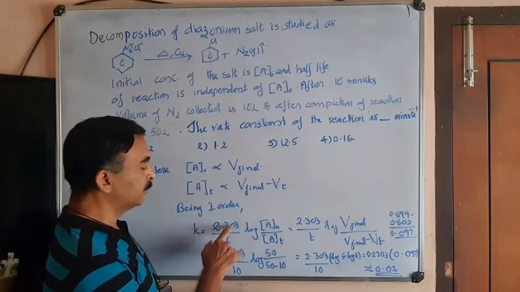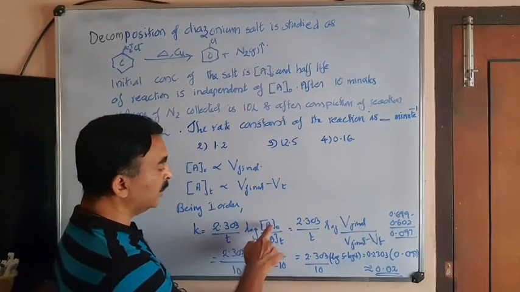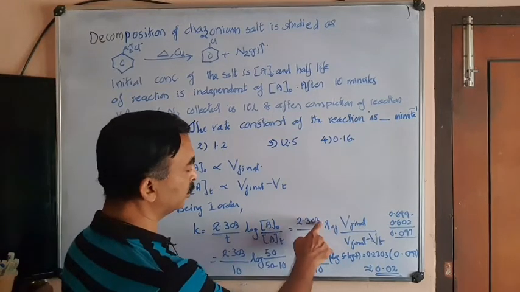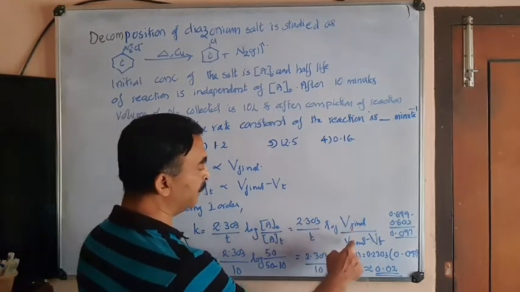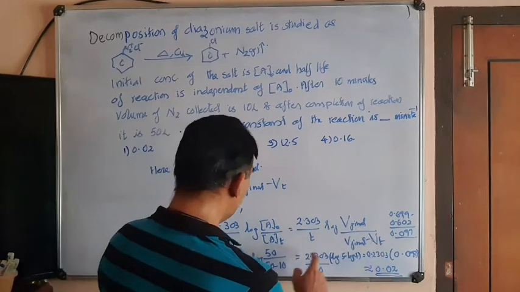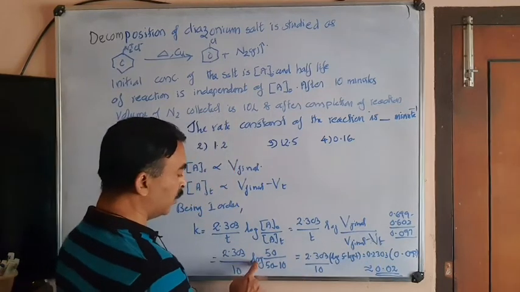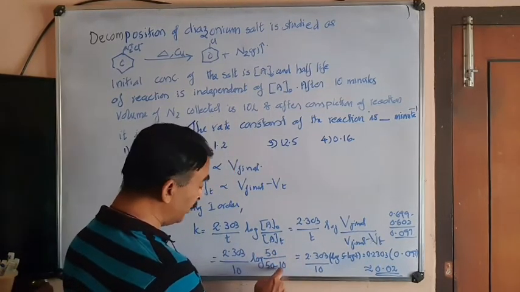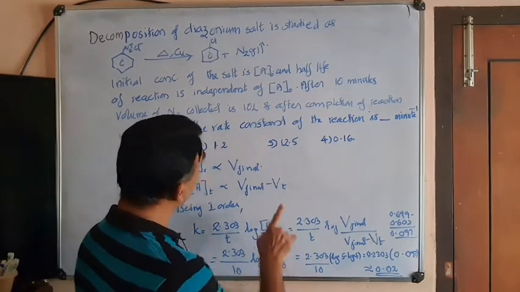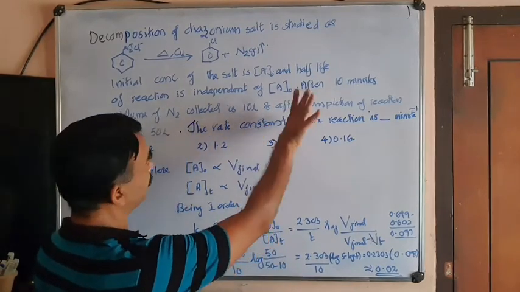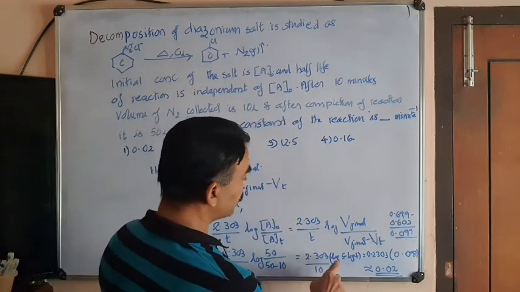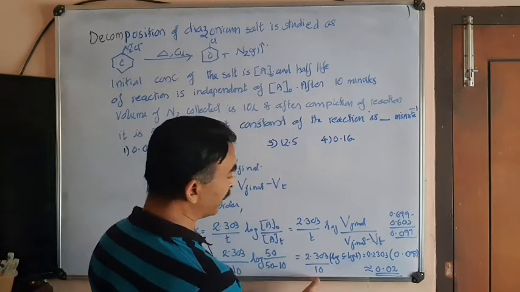So k is equal to 2.303 by t log A0 by At, which is equal to 2.303 by t log V final by V final minus Vt, which is equal to 2.303 by 10 minutes log 50 divided by 50 minus 10. Both are 10, liter and minutes. That is 2.303 by 10 log 5 by 4.